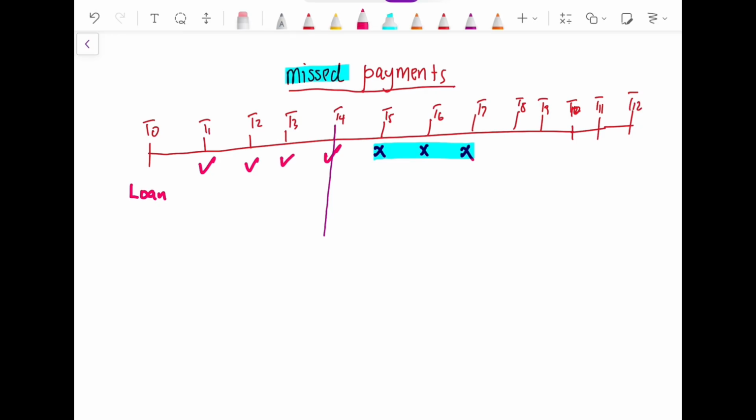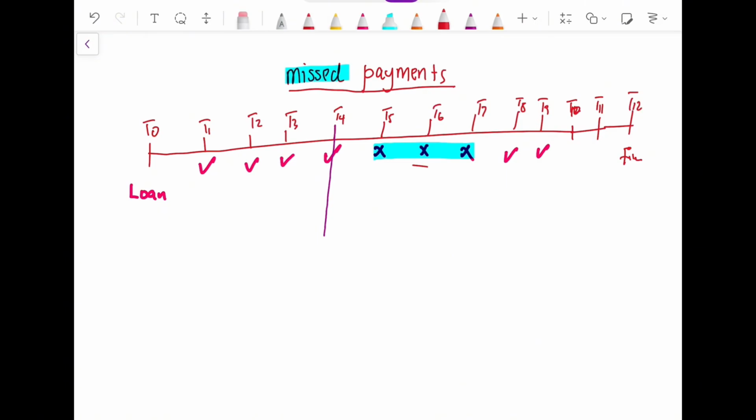If you've lost your job, you get a job again, and you want to continue with your payments, which will start at T8, T9. And then you still want to finish your loan here at T12. Remember, there are months that you have missed already.